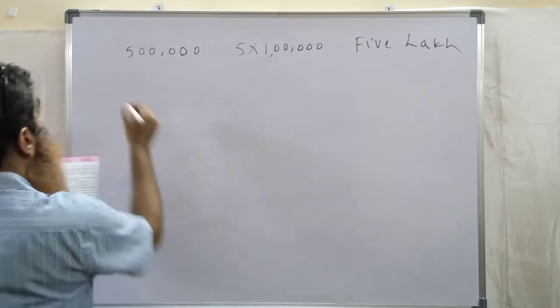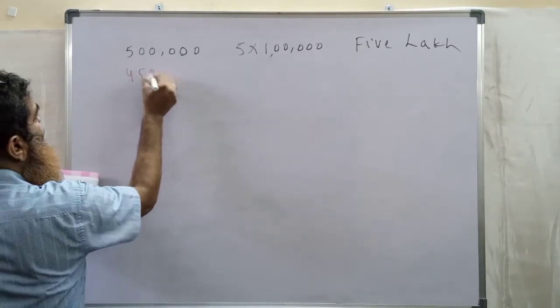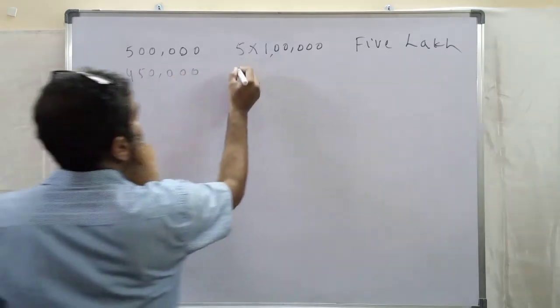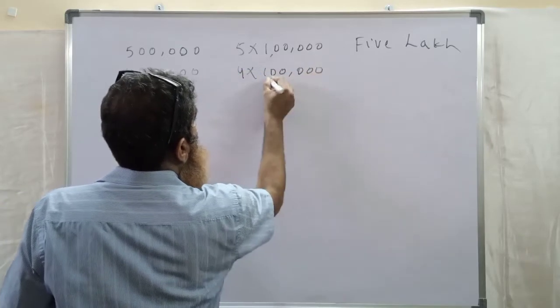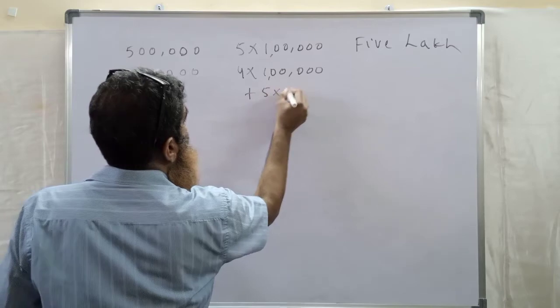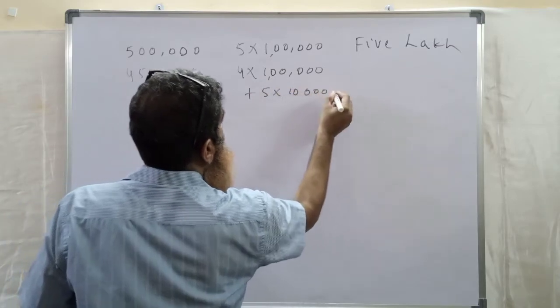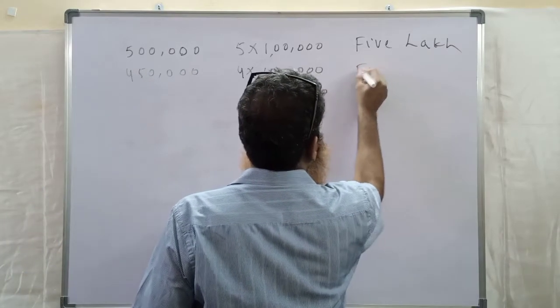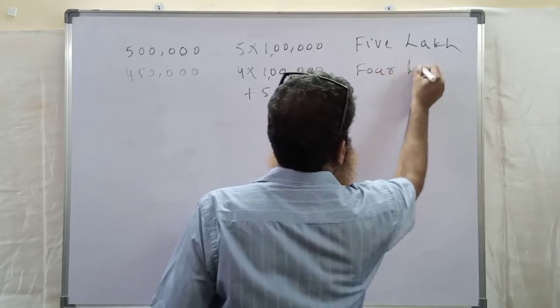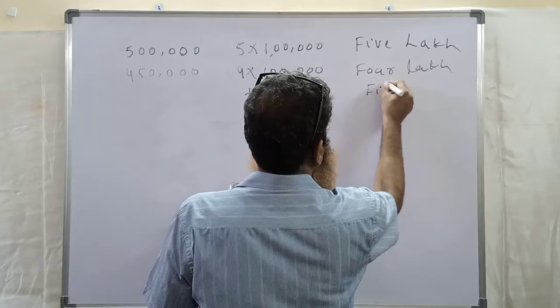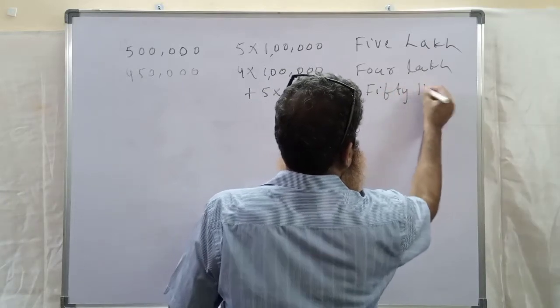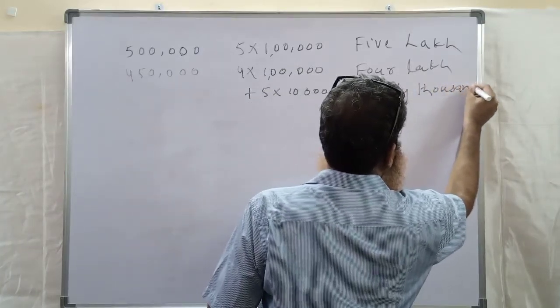The second number in the series we have is 4 lakh 50,000. 4 into 1 lakh plus 5 into 10,000. It is 4 lakh and 50,000.